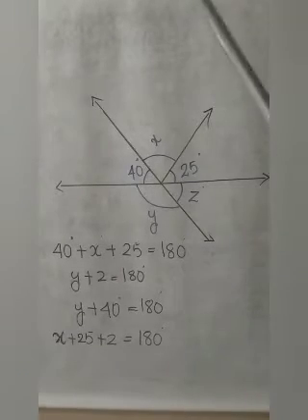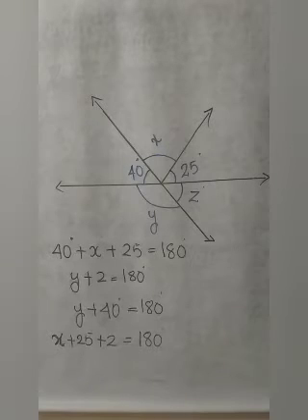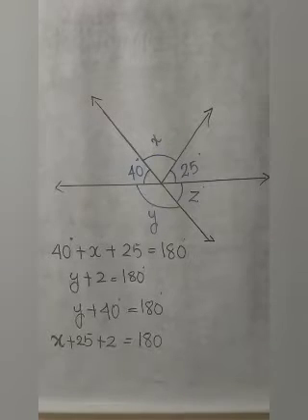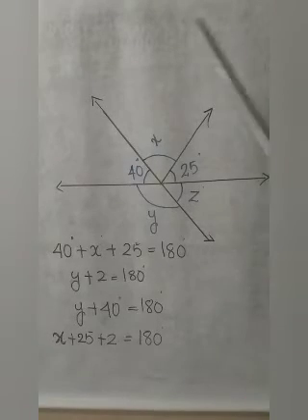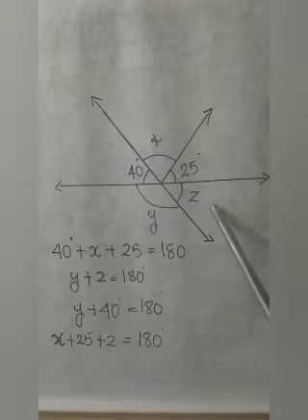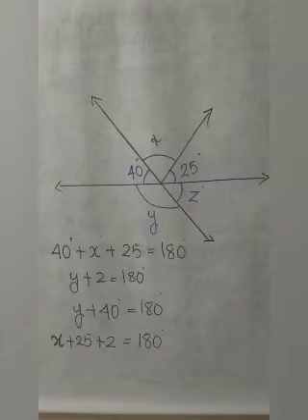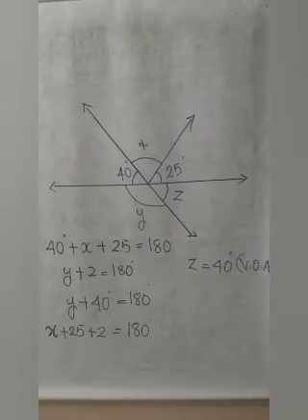This 40 and Z. So, what is the peculiarity of vertically opposite angles? Yes, they are equal. Vertically opposite angles are equal. That means if we have here 40, then here also 40. So, from that we can say the value of Z is 40 degrees. So, we got Z equal to 40. What is the reason? Vertically opposite angles.